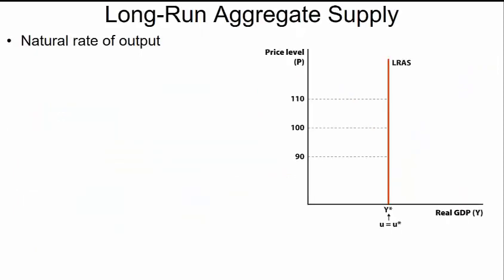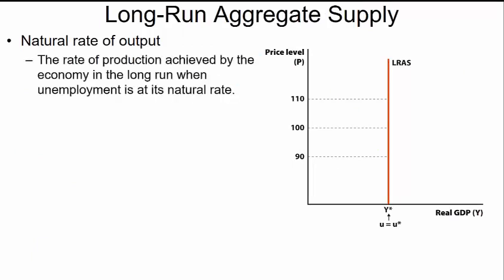When we talk about the long run aggregate supply curve, it exists where the natural rate of output is. This is the rate of production achieved when the economy is fully employing all of its resources. Remember, I told you before, the long run aggregate supply curve is essentially the same thing as our PPC. Because it's our PPC, it is our potential output.